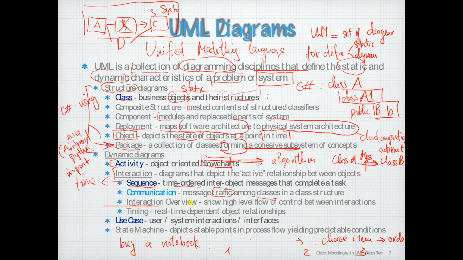Interaction overview diagram shows the high-level flow of control between interactions. Timing diagram shows real-time dependent object relationships.